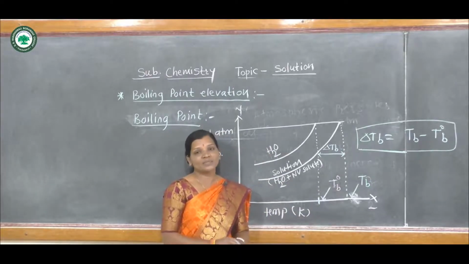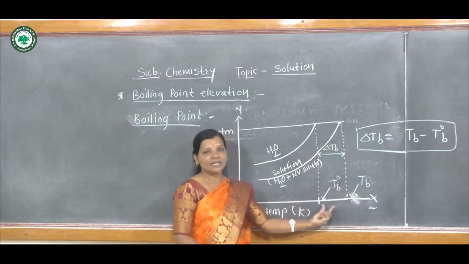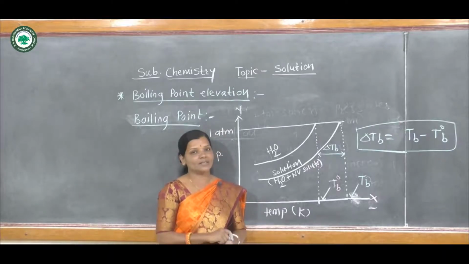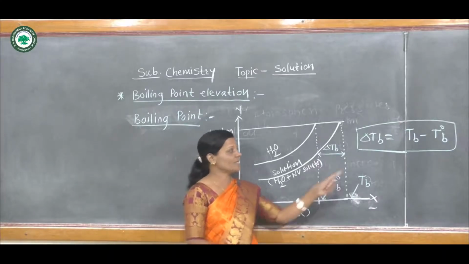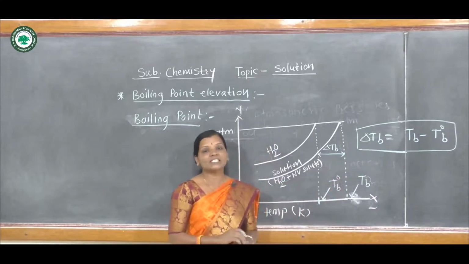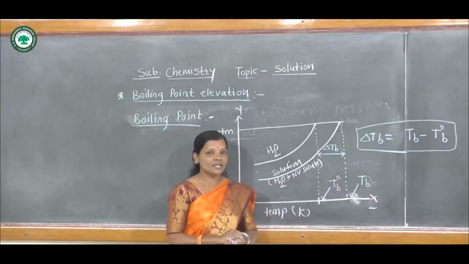Now one concept is very important. Here the boiling point increases, but that is due to the addition of solute particles. So we can say that whatever change in boiling point is observed is directly proportional to the concentration of the solution, because that depends upon the number of solute particles present in the solution.